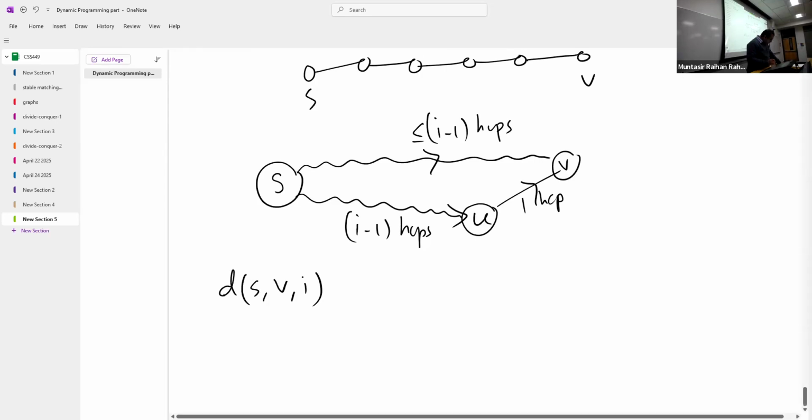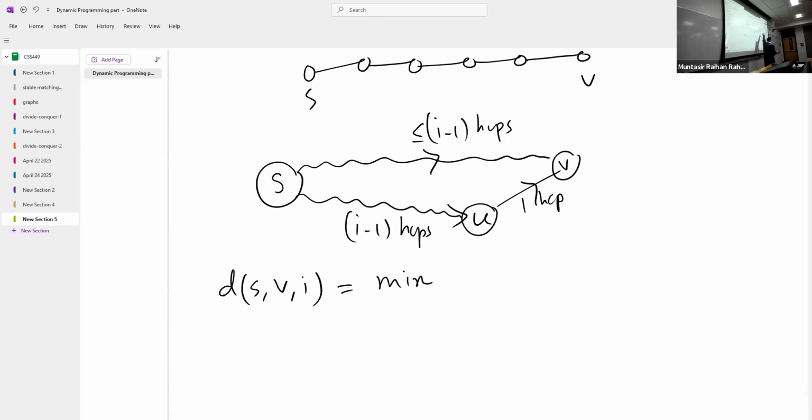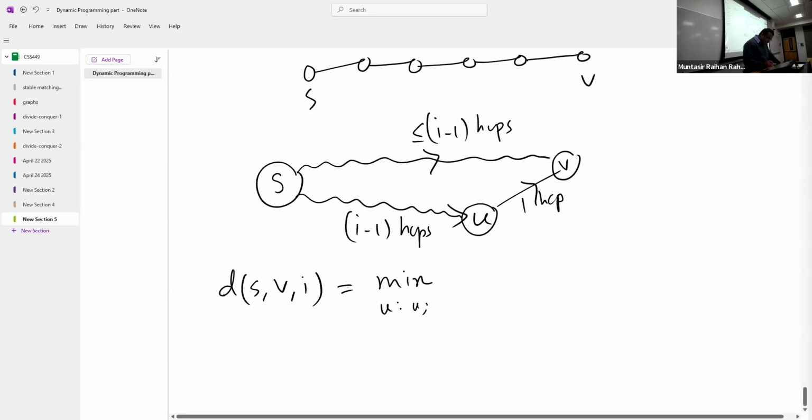So the path from S to V is going to be the minimum over, and now this U can be any neighbor of V, right? So it's going to be all possible U such that there is an edge from U to V in the graph. Okay, we're going to search through all possible such edges.